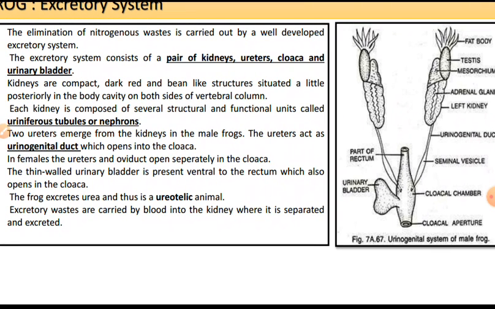These ureters also act as urinogenital ducts which open into the cloaca, as they carry the germ cells also. In females, the ureters and oviduct open separately into the cloaca, whereas in males the ureter acts as a urinogenital duct.